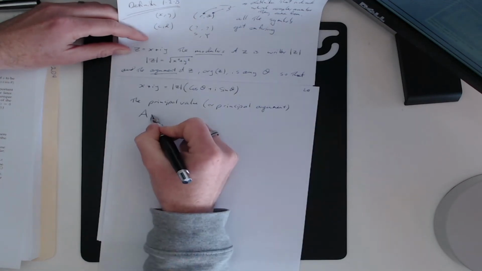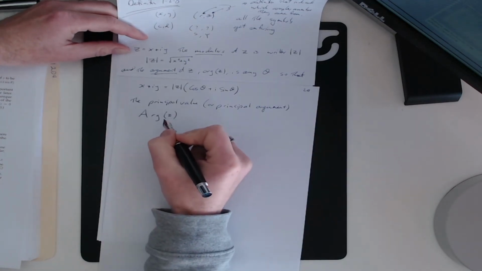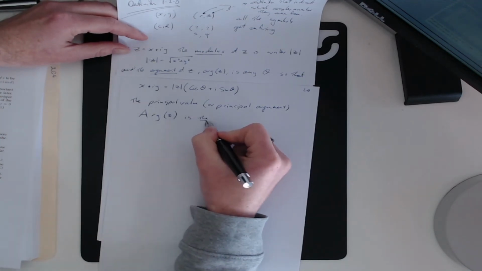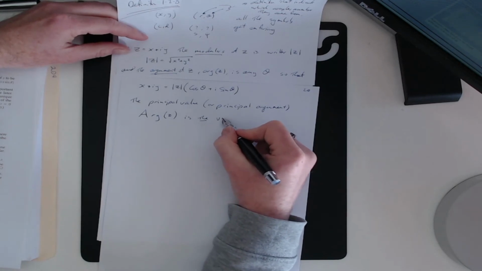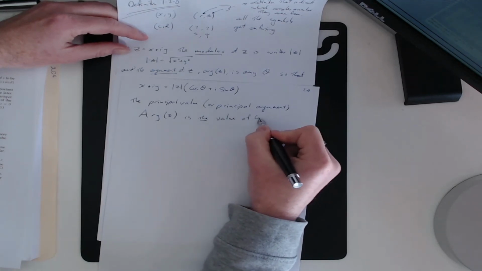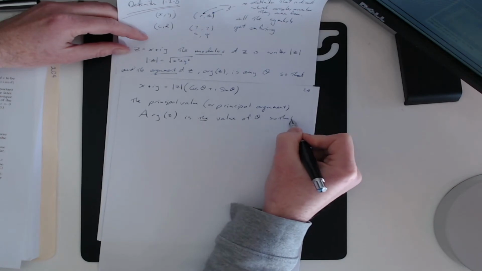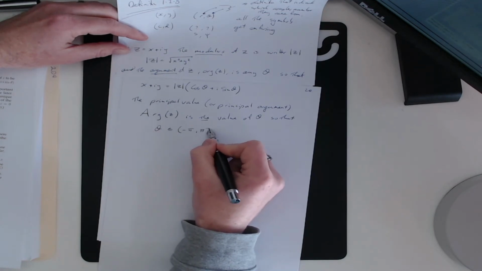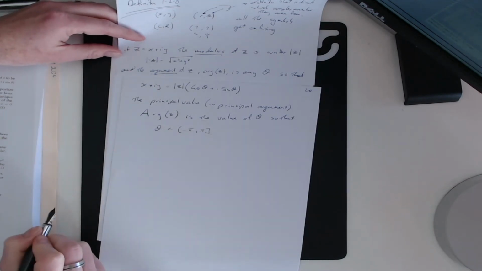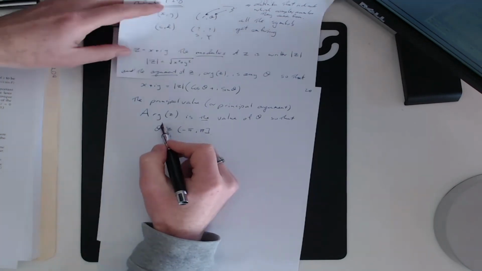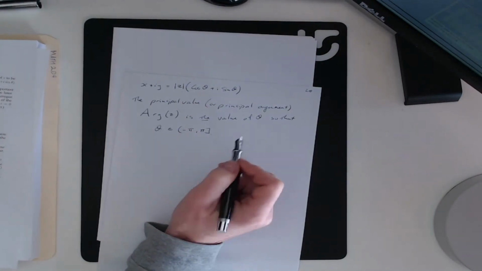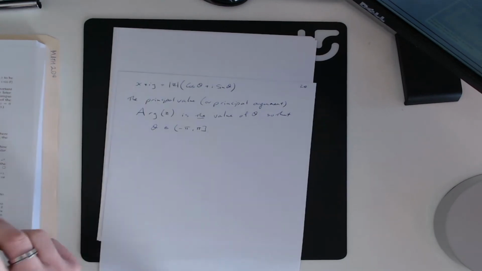Now this is written with a capital A. It is the value of theta so that theta is a value between minus pi and pi inclusive. So arg z does not take multiple values. Well, Arg z with a capital A does not take multiple values, but the argument with a lowercase a does.